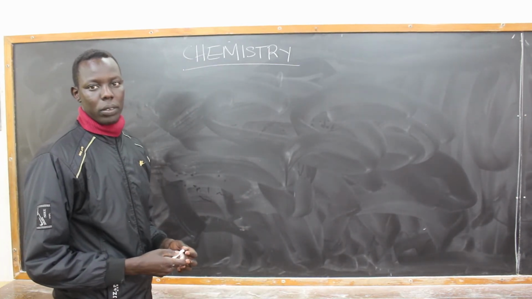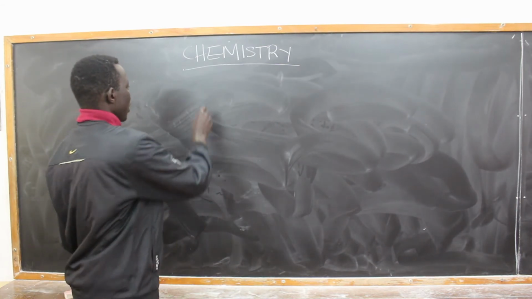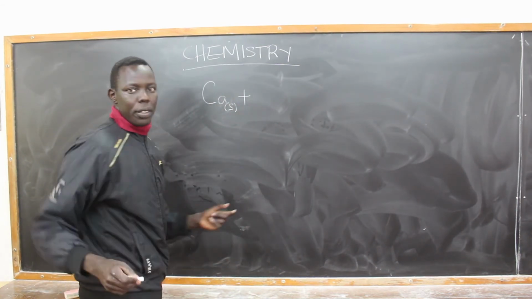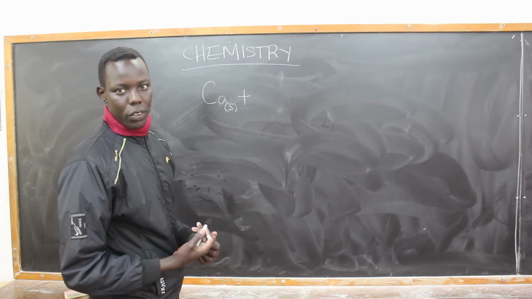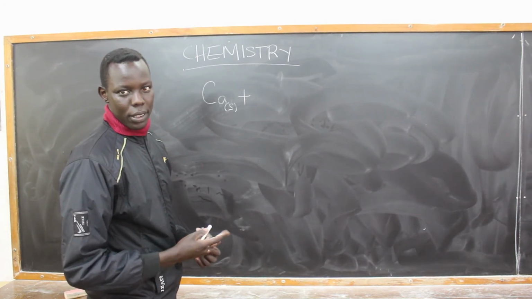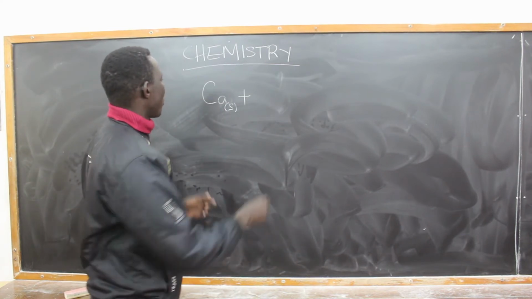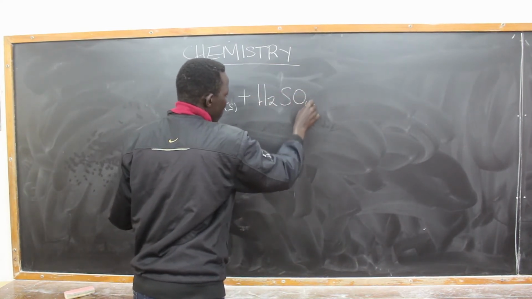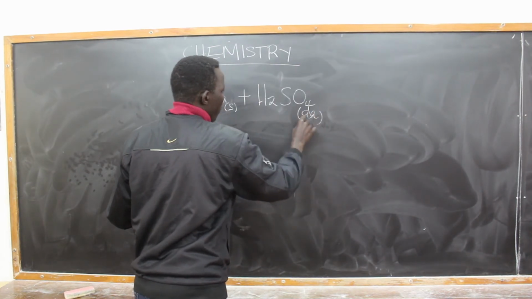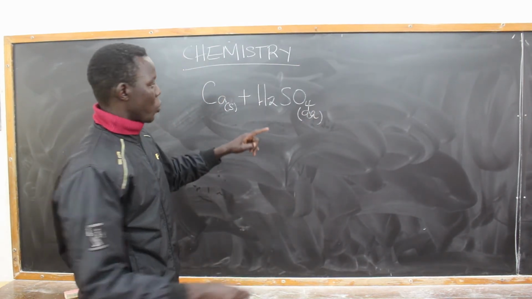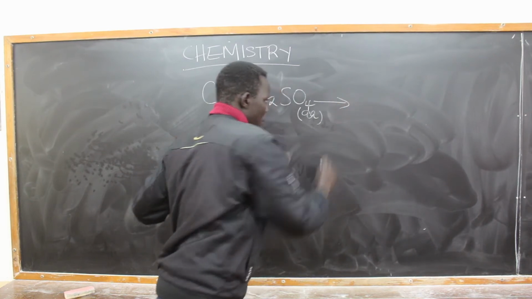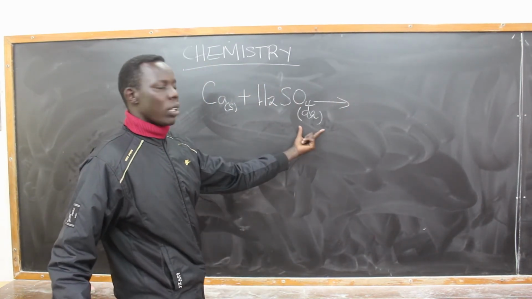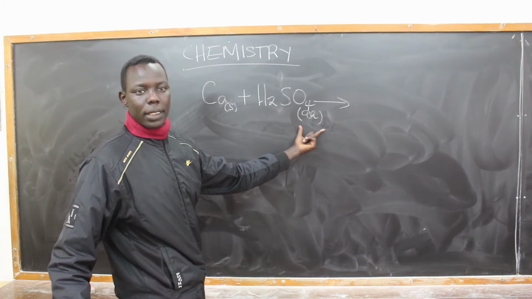A metal and acid. Calcium, solid. Which acid do you want us to use? It's actually the one you are thinking of: sulfuric acid, aqueous.